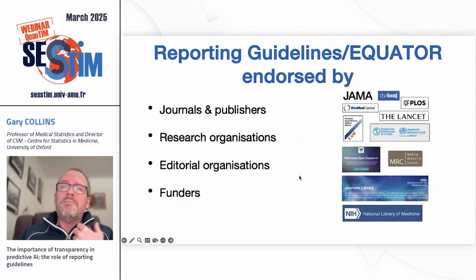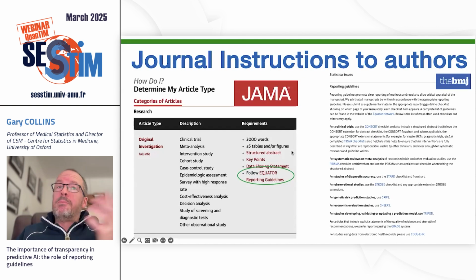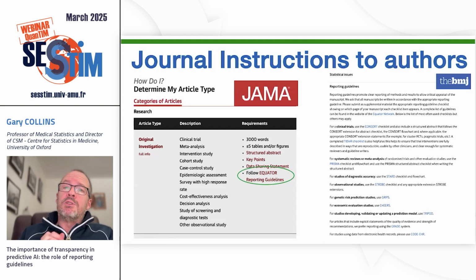You will go to pretty much any publisher or healthcare medical journal, and in their instructions for authors, there will be a mention, usually, of the EQUATOR Network or specific reporting guidelines. So, for example, if you go to JAMA, go to their instructions for authors, it says follow the EQUATOR reporting guidelines.